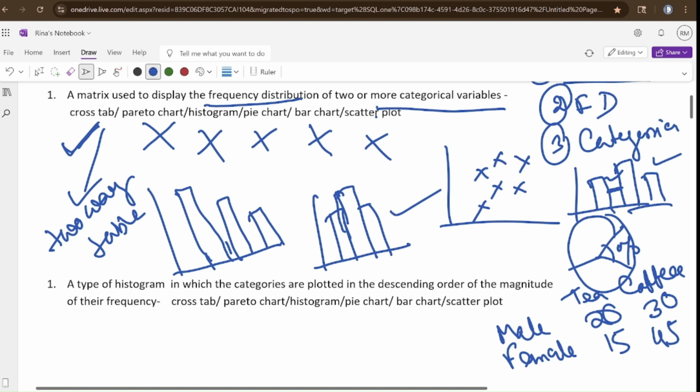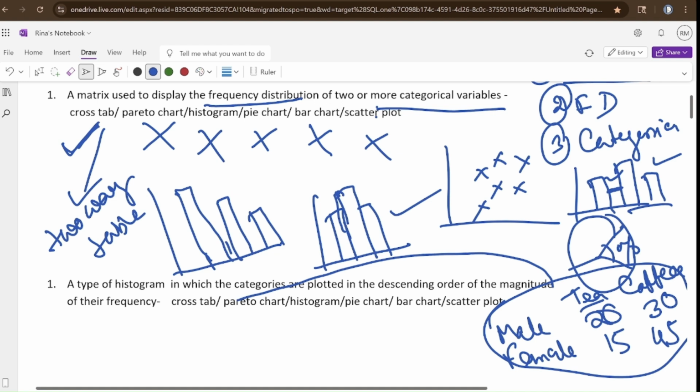Okay, so you can see this is a matrix format, right? And these are categorical variables, right? And this is calculating the frequency of these variables, right? So this is what a two-way table or crosstab is.